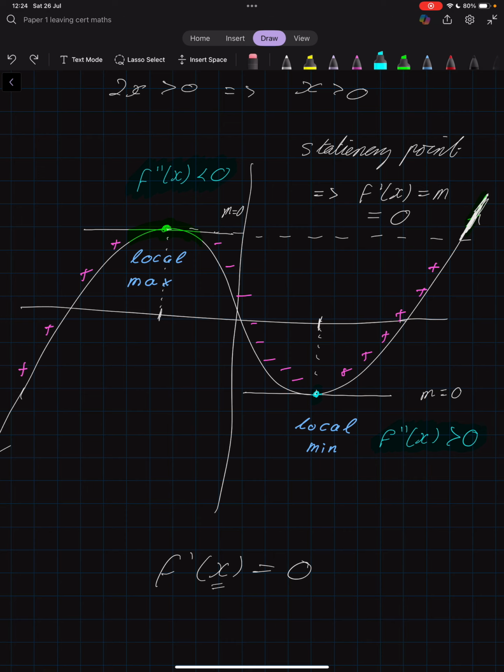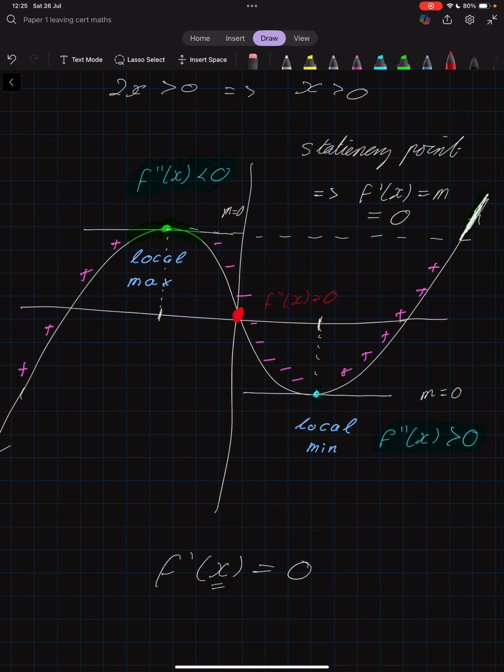I'll also do the point of inflection while I'm here. There will be a point somewhere along here where f prime prime of x equals 0.